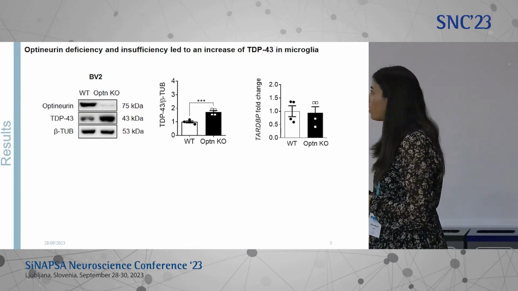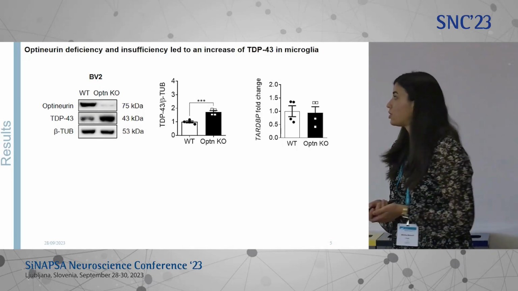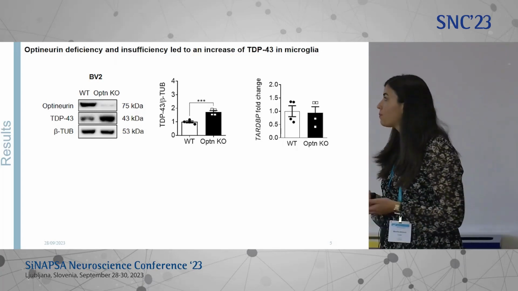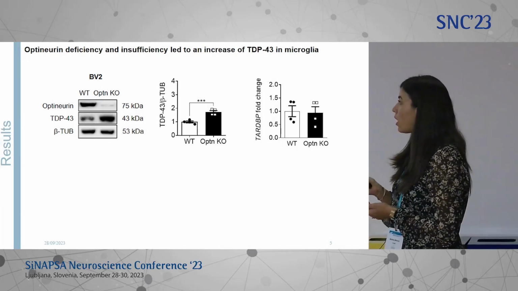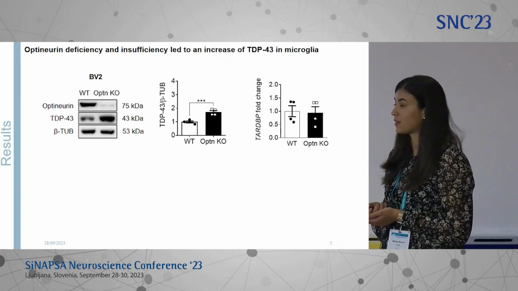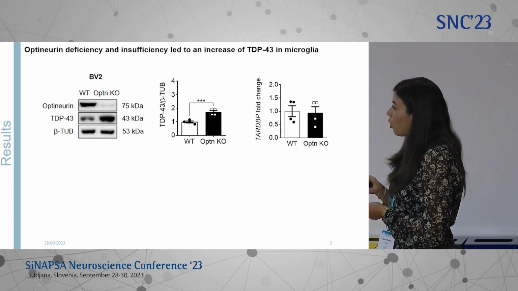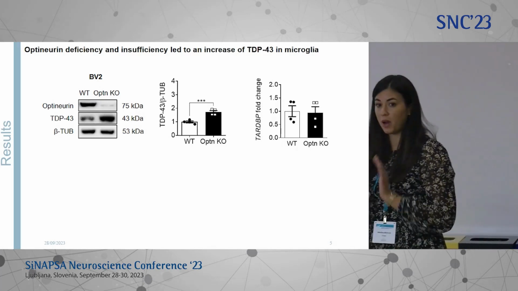As you heard before, microglia are really important in neurodegeneration, so we did most of our study on microglia. First, we took the BV2 microglia cell line and knocked out optineurin by CRISPR-Cas technology. As you can nicely see here, in our optineurin knockout cells we have more TDP43 in the basal state.